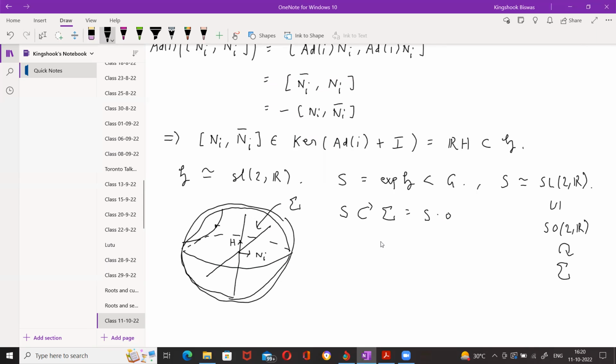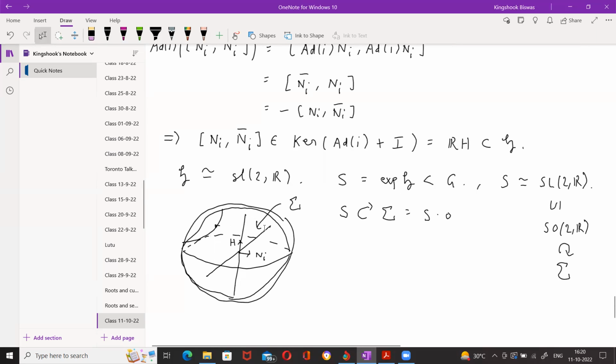Is this clear? Yes. I started with this initial H geodesic, that was a geodesic in the whole space. Now I'm just taking translates of this by this group S, which is isomorphic to SL2R. This SL2R preserves sigma, this two-dimensional submanifold.